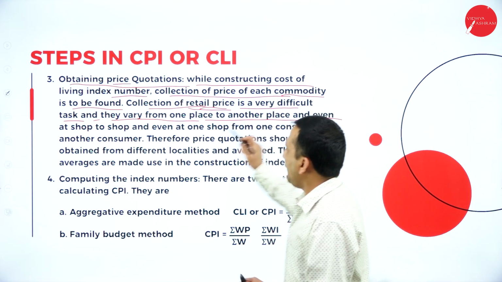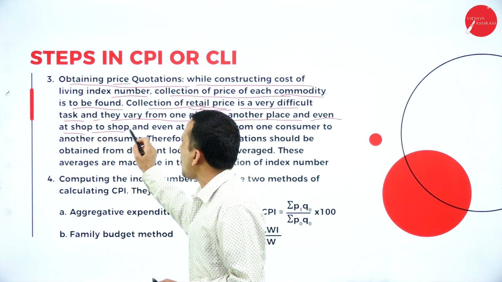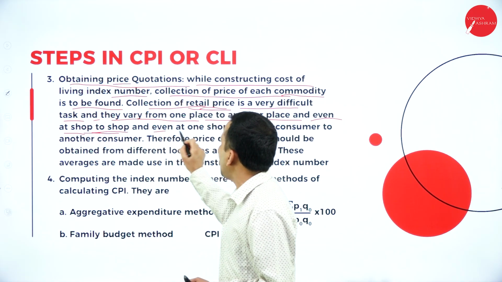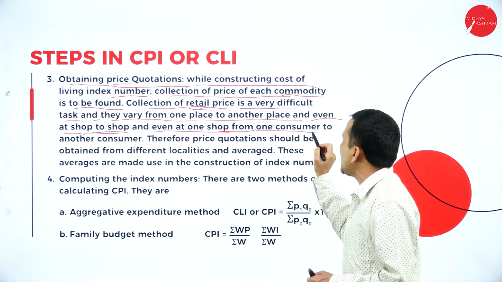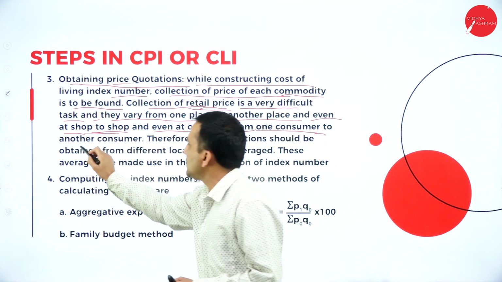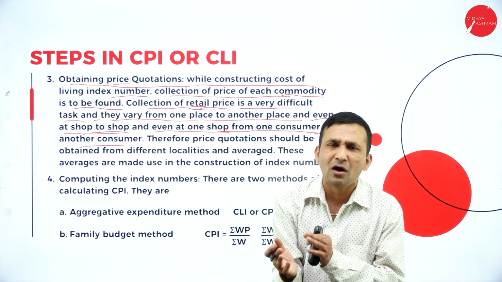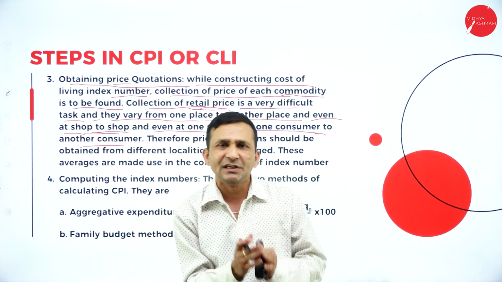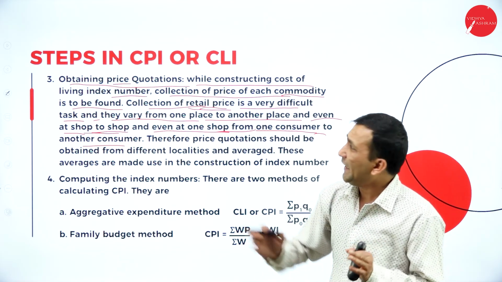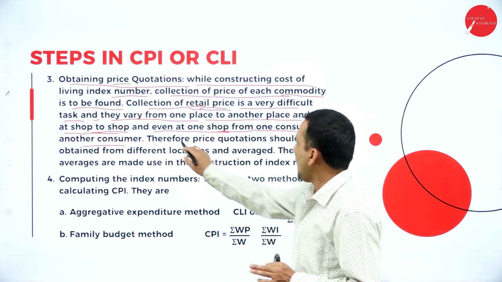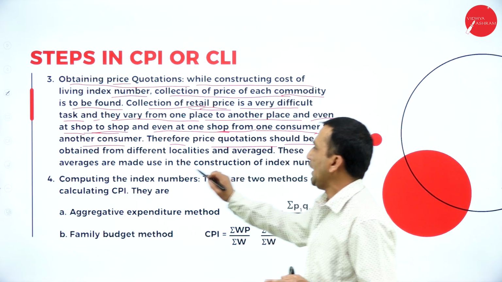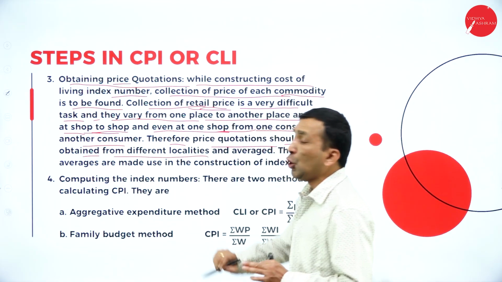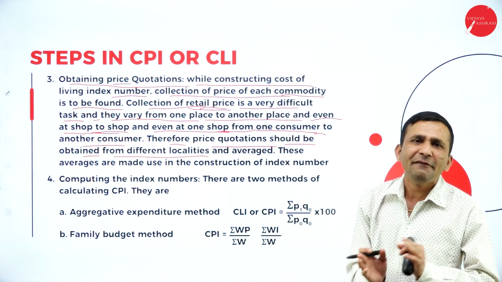Even from one shop to another shop, and one consumer to another consumer, you need to study, because there are different shops and different consumers. Everybody's priority is considered when studying the index number for cost of living. Therefore the price quotation should be obtained from different localities.